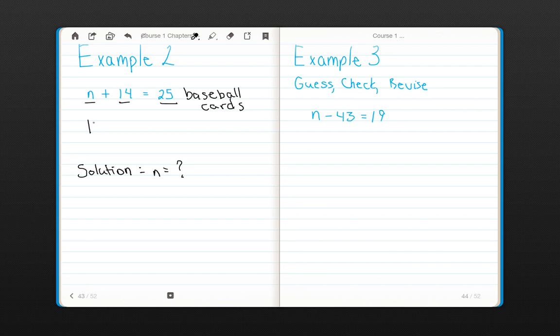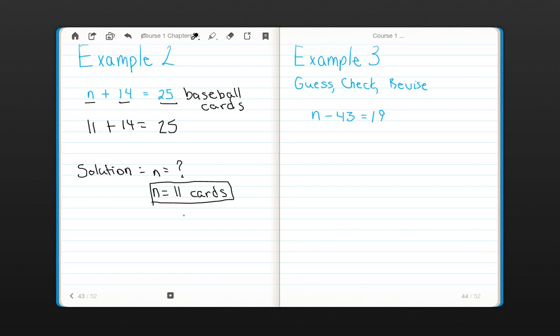So I know that 11 plus 14 equals 25. So therefore my solution is n equals 11 cards. Now this is a word problem, so you have to have a unit. What is it that that 11 represents? Okay? All right, example 3.